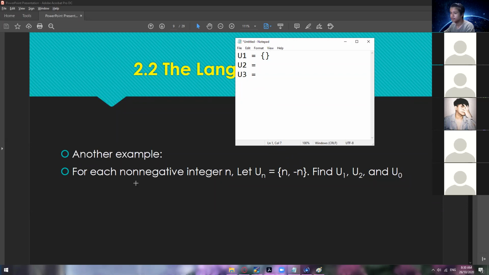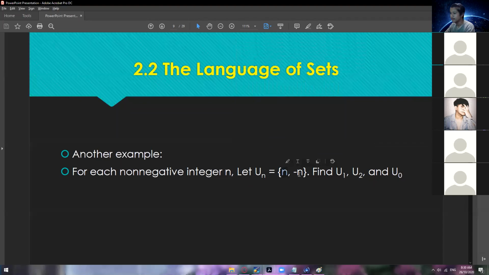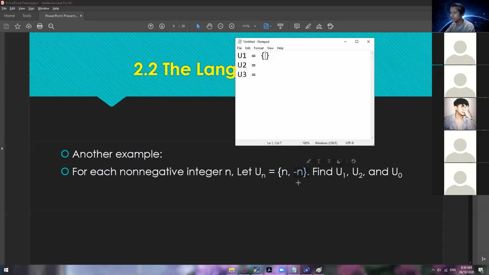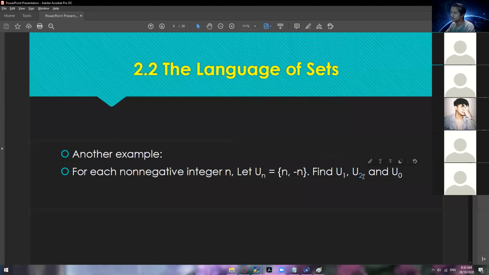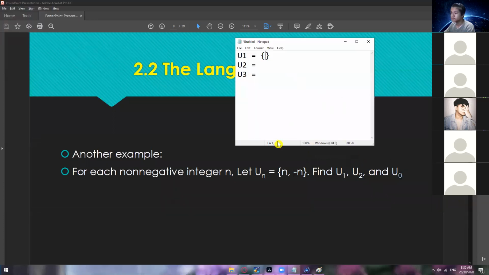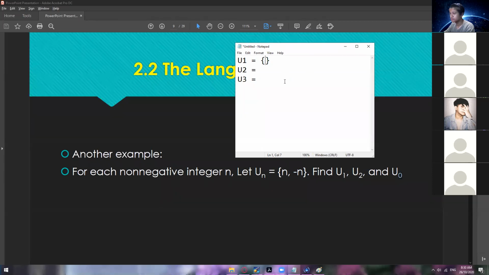So as you can see right here, we have non-negative integer n, and then negative n. So non-negative integer 1, non-negative integer 2, and then non-negative integer 0. Anyone? Okay, so let me answer the first one.